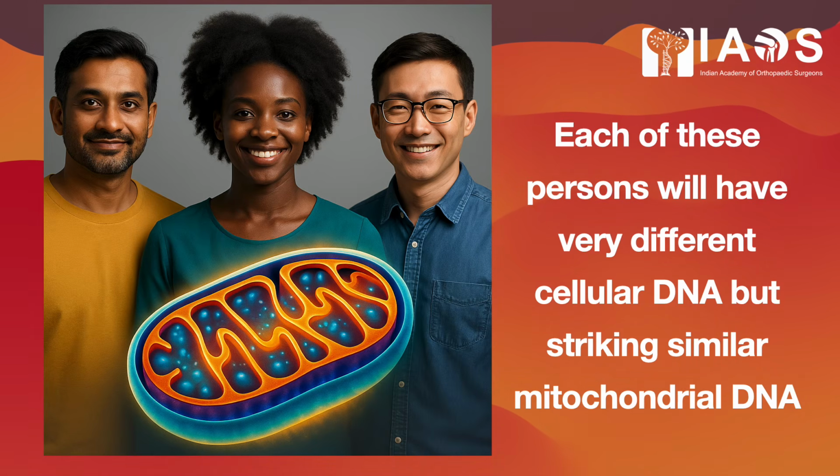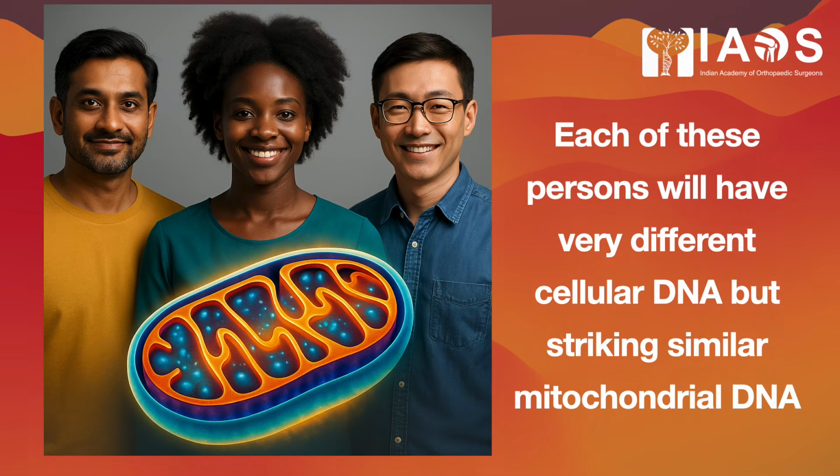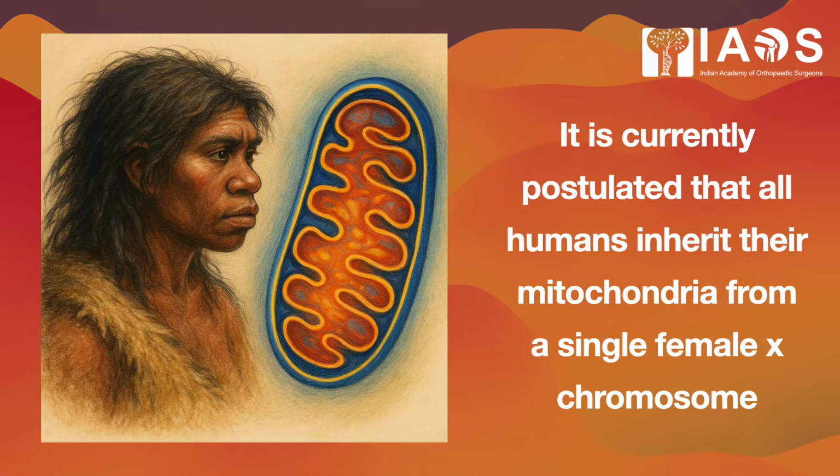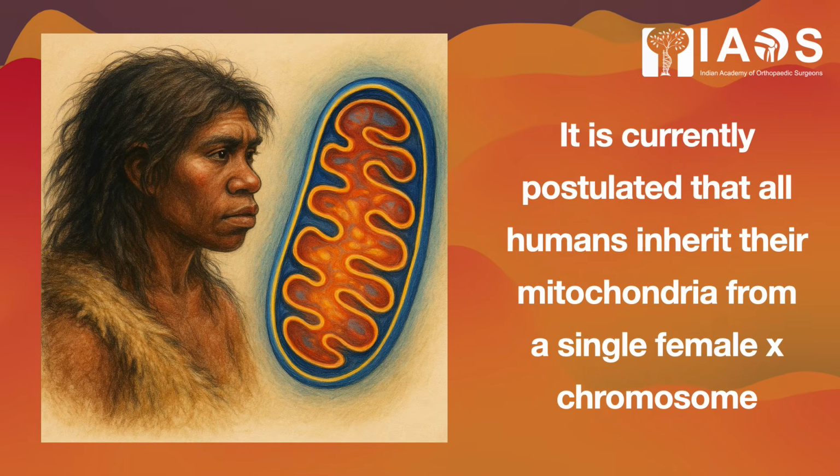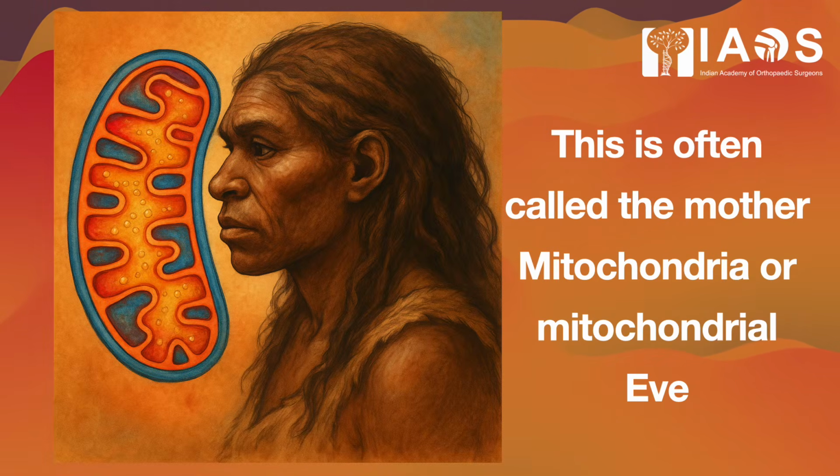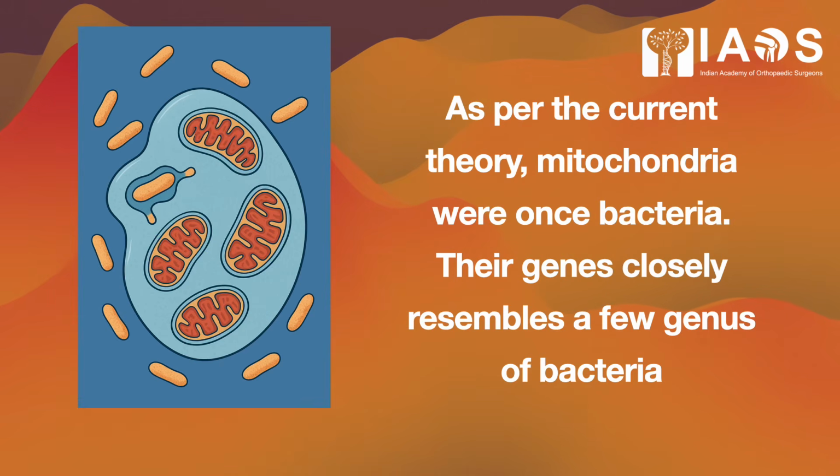In the picture shown above, on the left side, each person will have a different cellular DNA, but the mitochondrial DNA will be identical. It is currently postulated that all humans inherit their mitochondria from a single female, often called the mother mitochondria or the mitochondrial Eve.